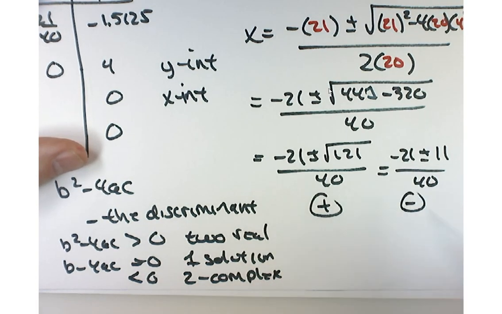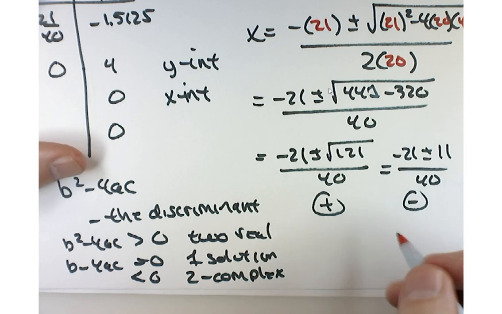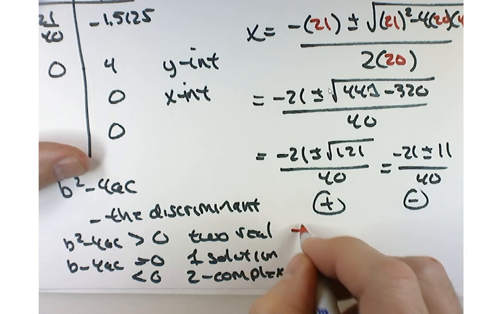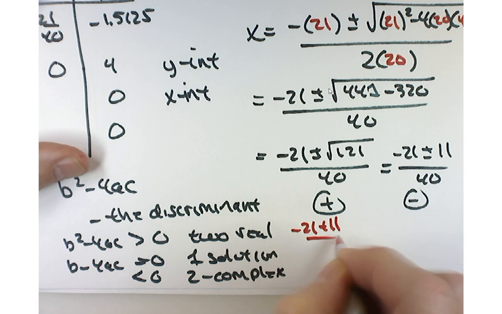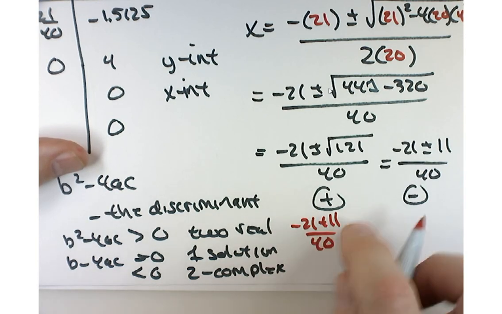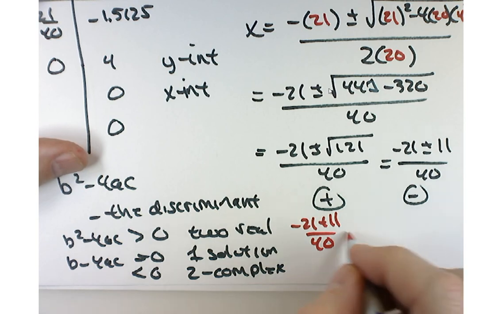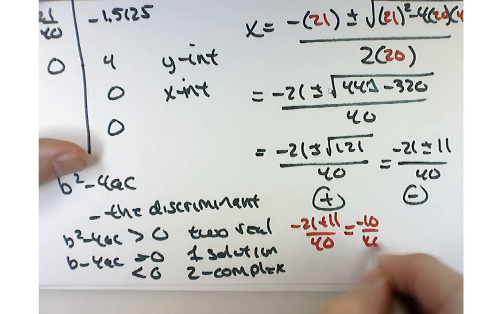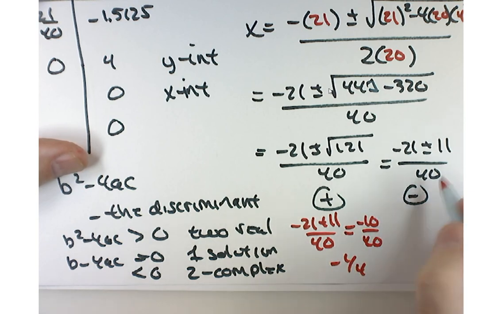Let's finish this up so we can go home. Negative 21 plus 11 over 40 gives me negative 10 over 40, which is negative 1/4.